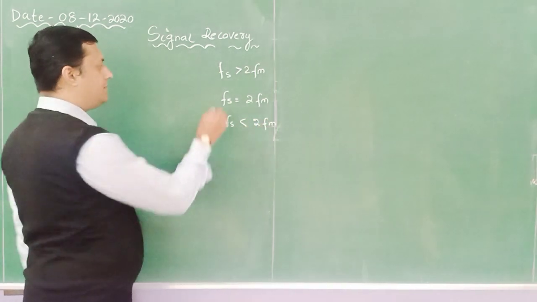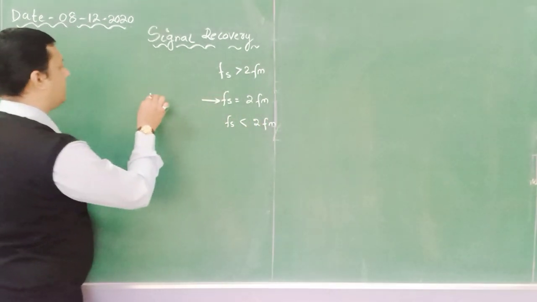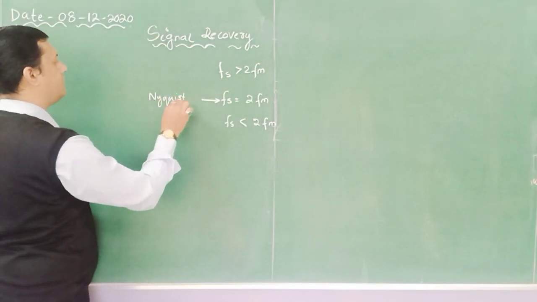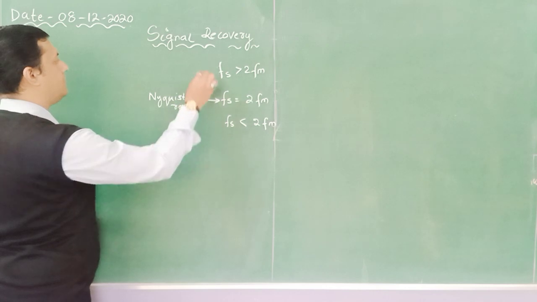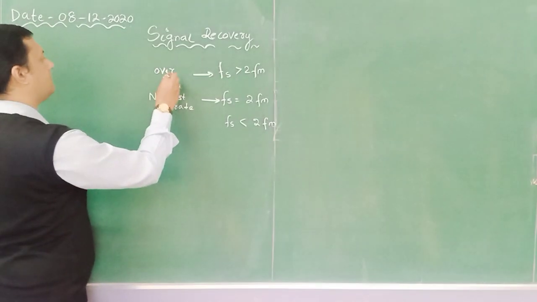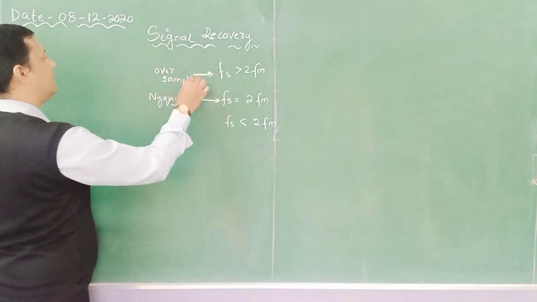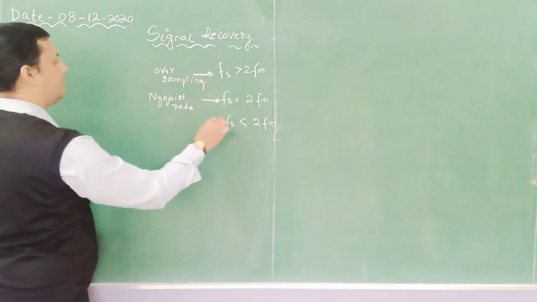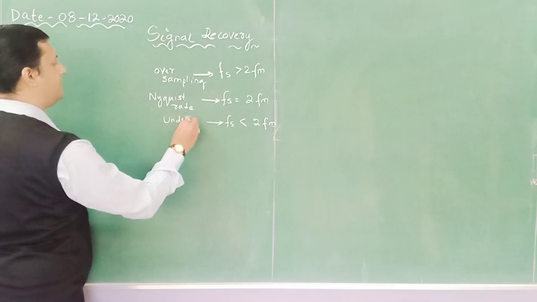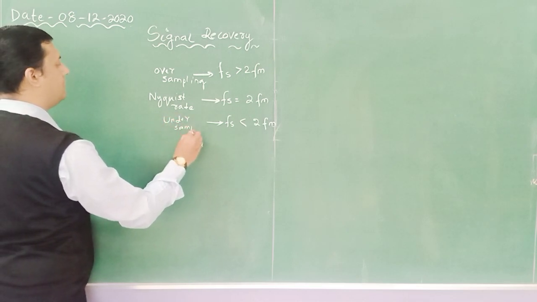This particular case is called the Nyquist rate. This is called oversampling. And the last one is called undersampling, which is not allowable.